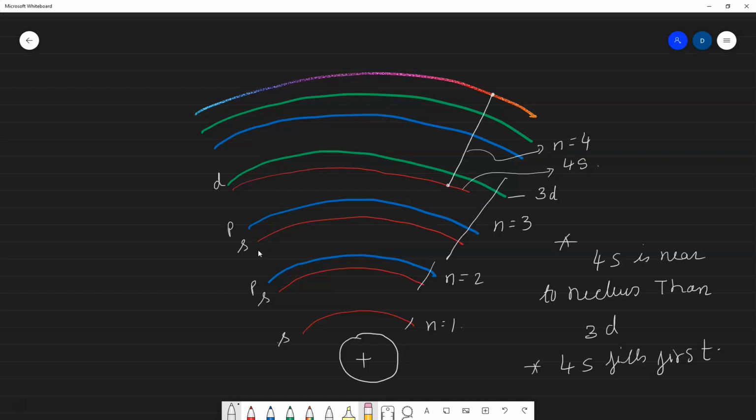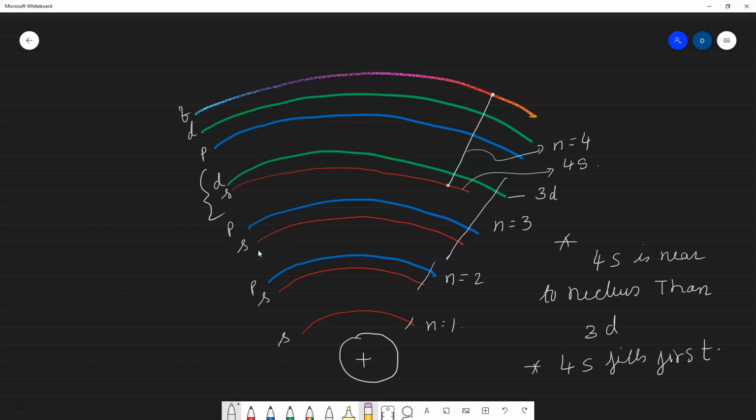Now this is the confusion here, this is the anomaly. This red line here is an s subshell but belonging to the fourth shell. So this is s, p, d and f. This is something you have to understand. Why it is so, don't know, God knows.